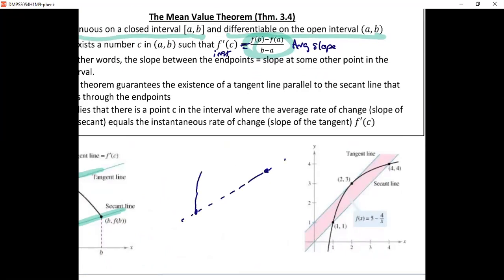And then if I draw any curve, and I need to make sure it's a differentiable curve, where else do I have the same slope? Visually, I have the same slope right about there, right about there, and right about there. So in this case, I ended up with 4 separate places where I had the exact same instantaneous slope as the average slope. So we're guaranteed this, and all that's required for that is continuity and differentiability.